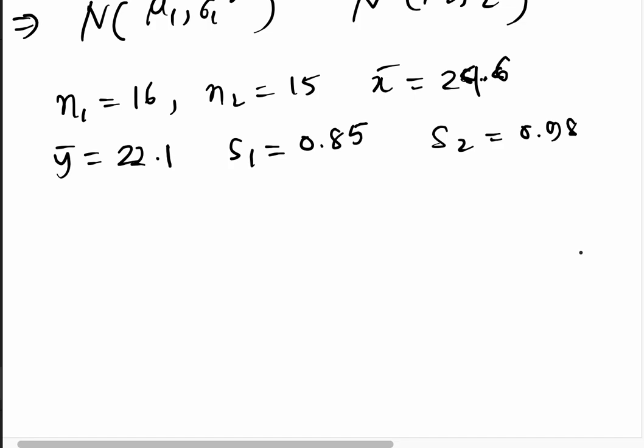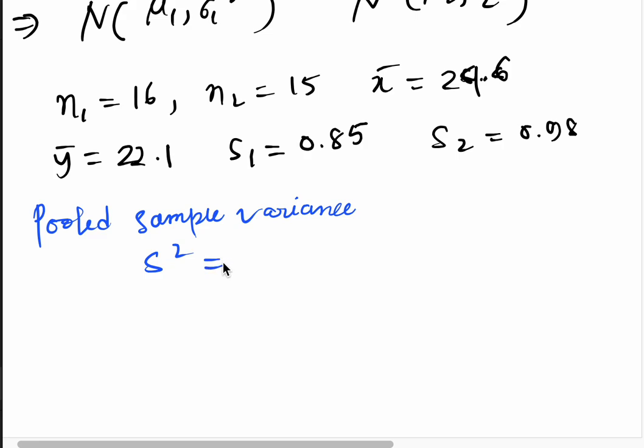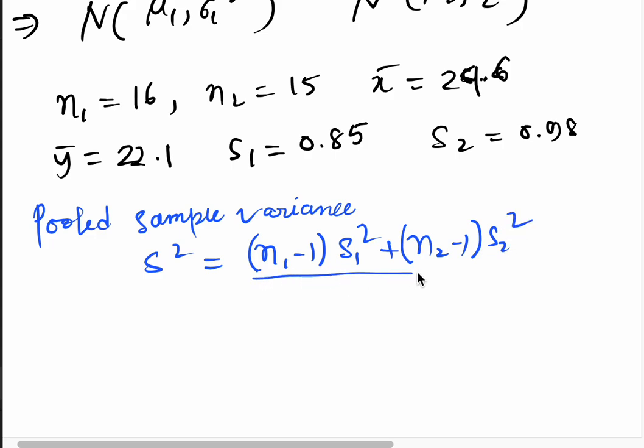The population standard deviation is not known. So in this case the pooled sample variance s square is n1 minus 1 into s1 square plus n2 minus 1 into s2 square, by n1 plus n2 minus 2.